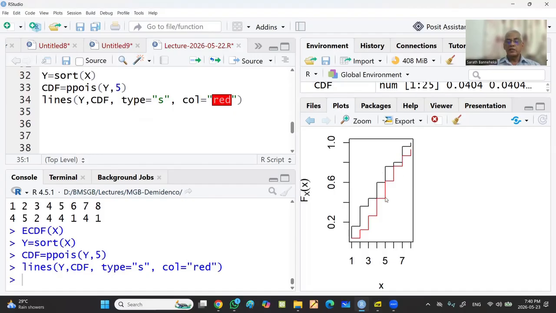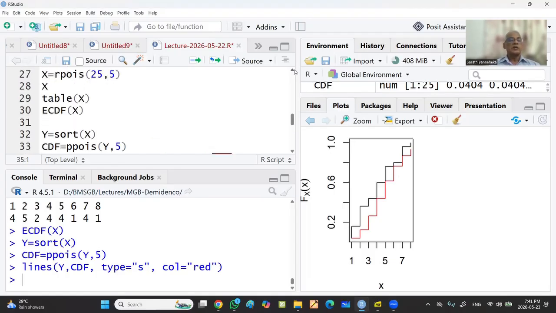Almost all of the empirical CDF is above the theoretical value. We can consider this black step function as an estimate for the red step function. There is not much difference; the maximum difference is somewhere here, and other differences are smaller than that.